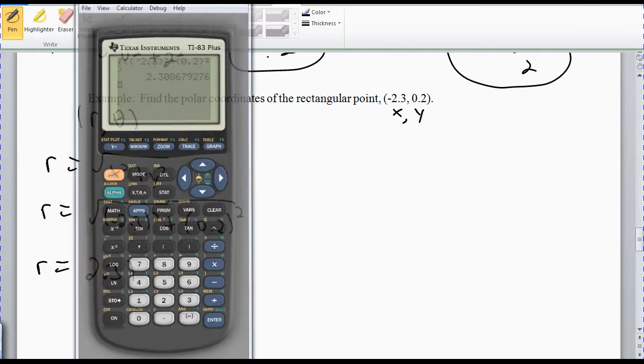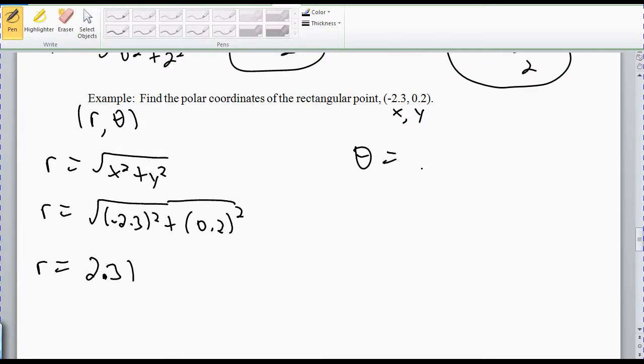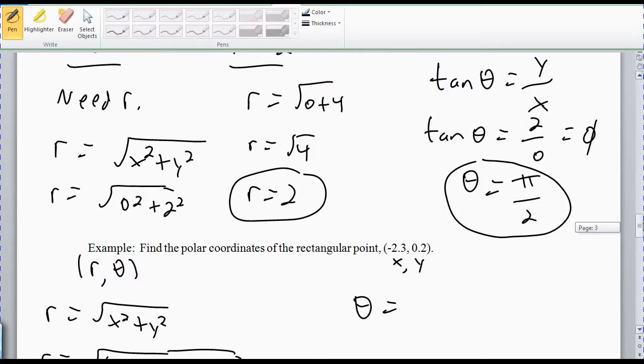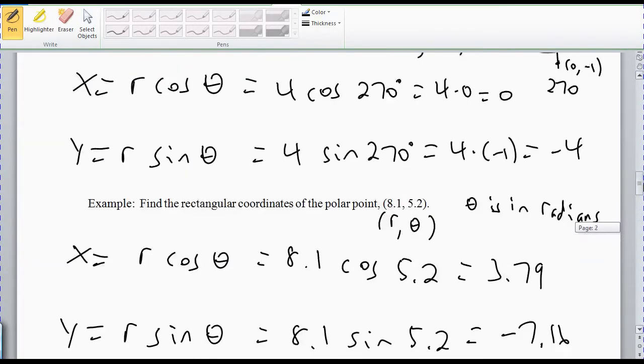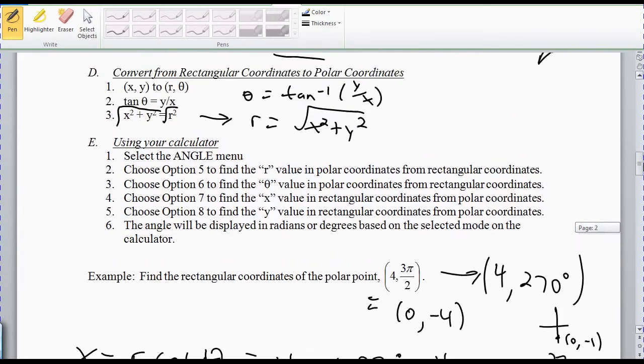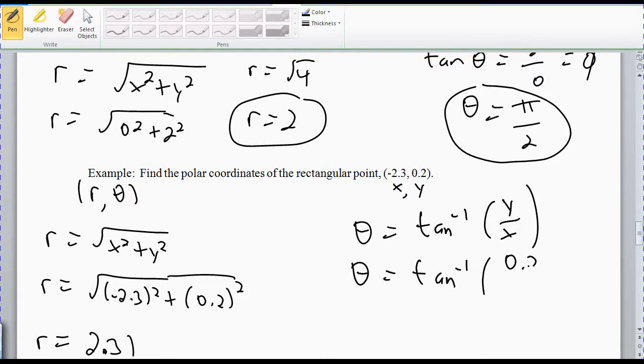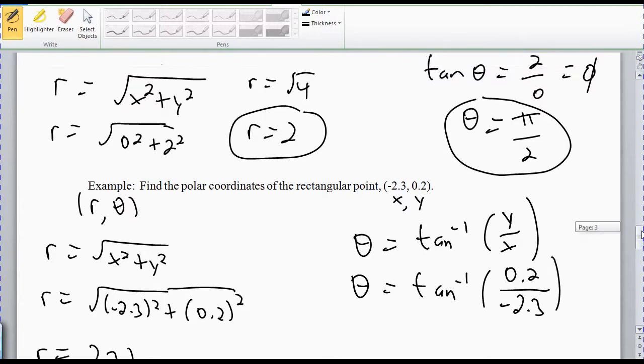Now for my theta, because it's not a nice angle, so I don't want to think about it too much, I'm just going to go straight to theta equals inverse tangent of y over x. And we're given y is 0.2 and x is negative 2.3.